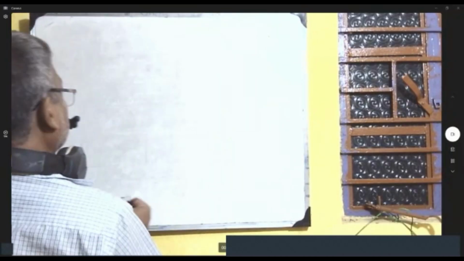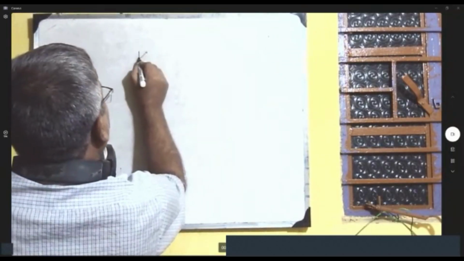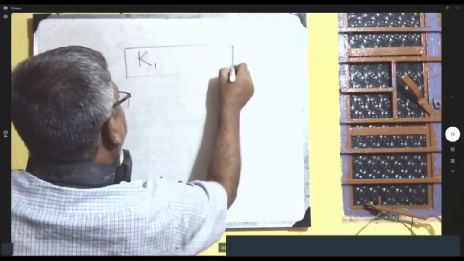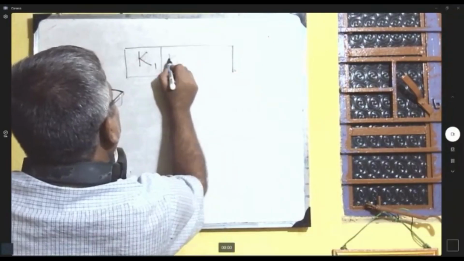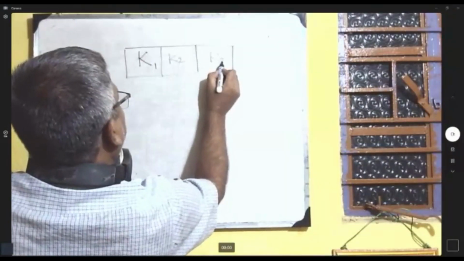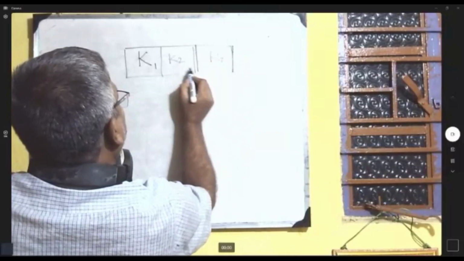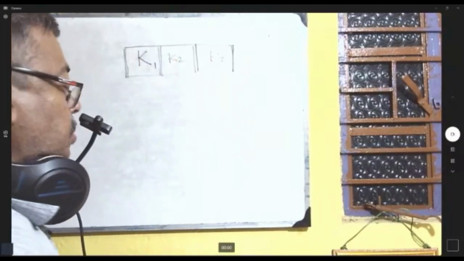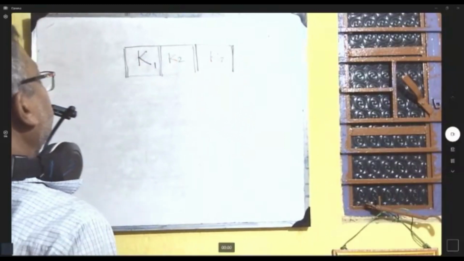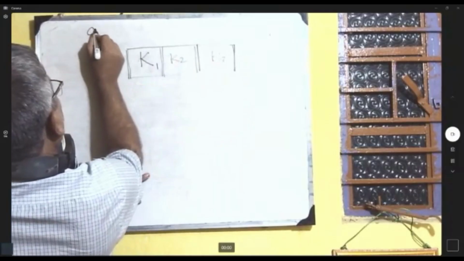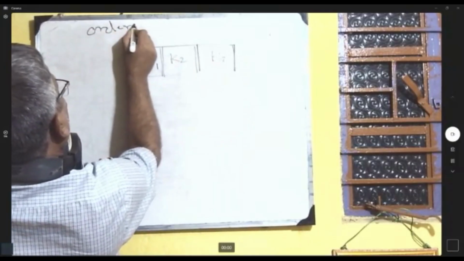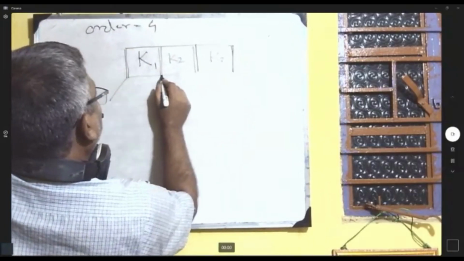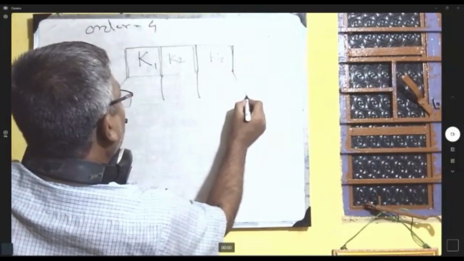Suppose the keys of a node are K1, K2, and K3, the 3 keys of the node, where the order is 4. When the order is 4, 4 children can be generated from the node.